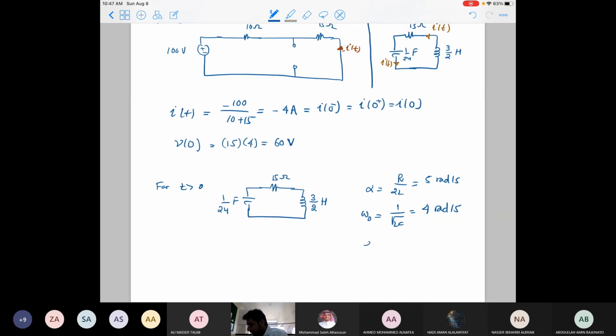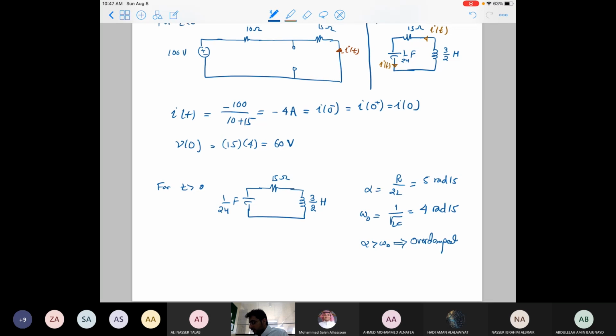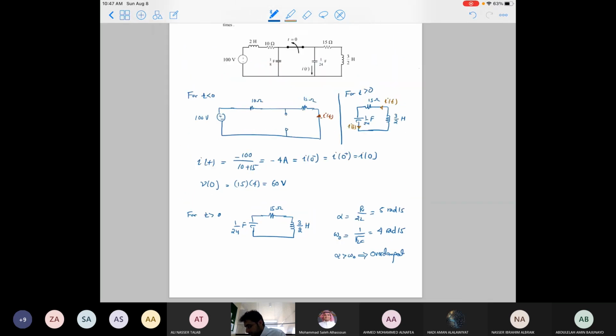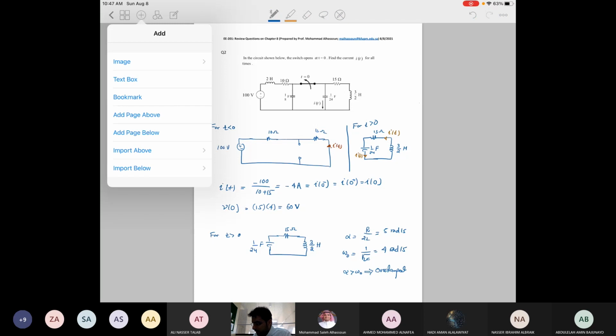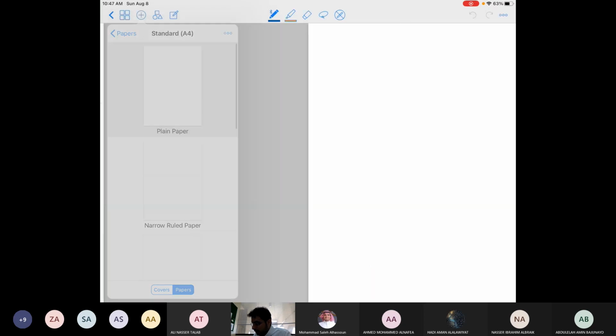So clearly, alpha is greater than omega naught. So I have an overdamped response. If I study the overdamped response, I will see that the value that I'm interested in should be the final value.